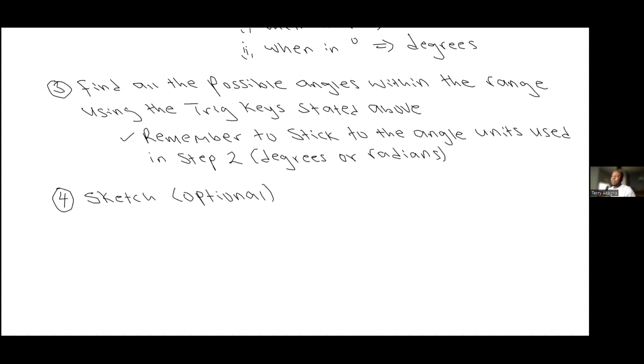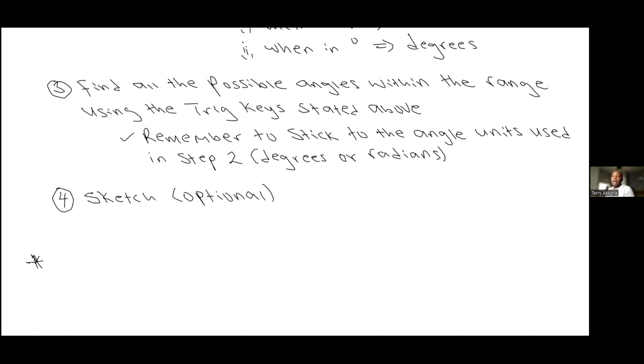Now, one of the things I want to emphasize here that is very important, before we start solving and I pick some examples, is that you can change from degrees to radian or radian to degrees depending on what you're comfortable with. I noticed that some students are very comfortable solving in degrees and not in radians.